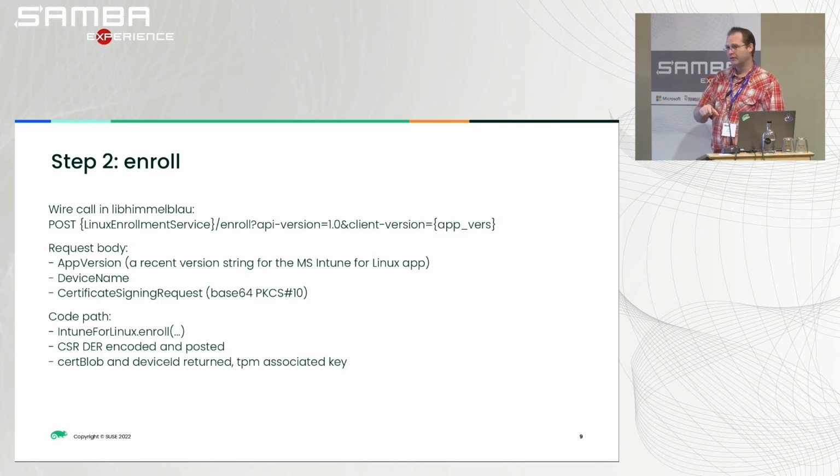Windows uses the SOAP protocol, and you do have to have that certificate in order to authenticate to the Intune service. But in the Intune for Linux service, we never use the certificate that's returned in the enrollment request. We actually authenticate using OAuth 2, which is interesting.